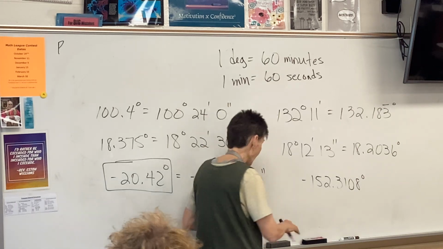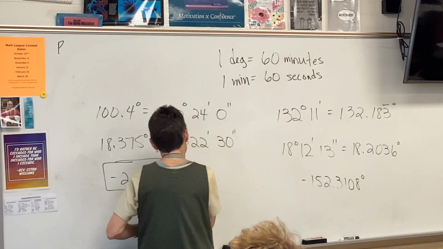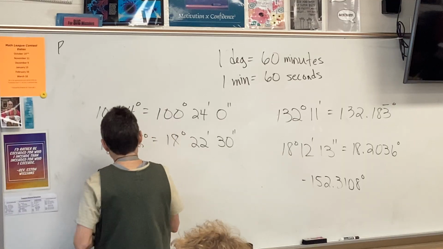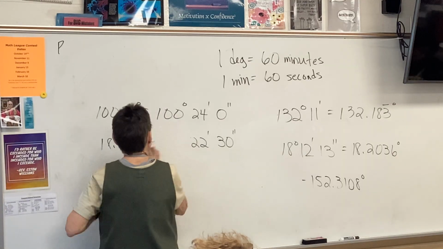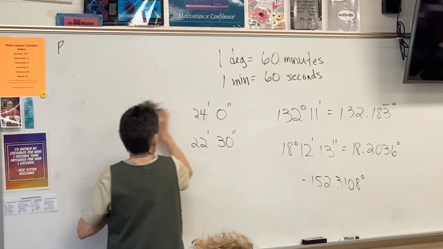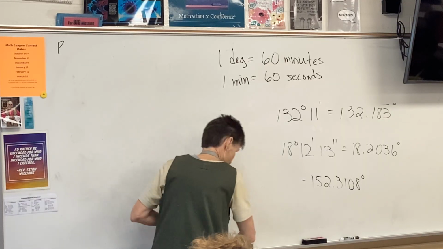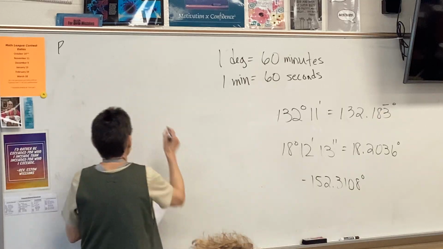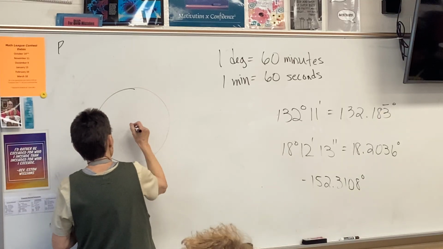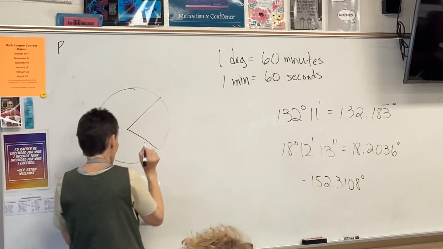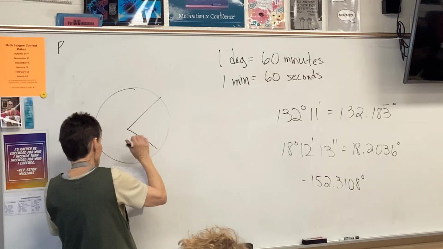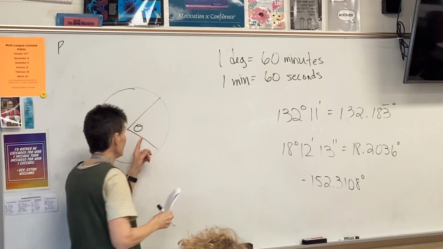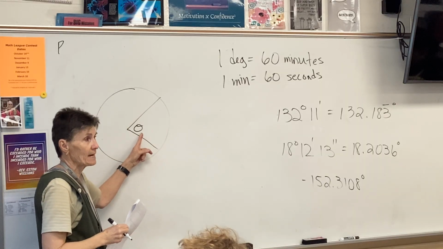Number 5, find the missing variable. So first of all, we got a picture that looks like this. Got a big circle, got a piece of pie, pumpkin pie or something here cut out. This is our central angle, which we're gonna call theta.